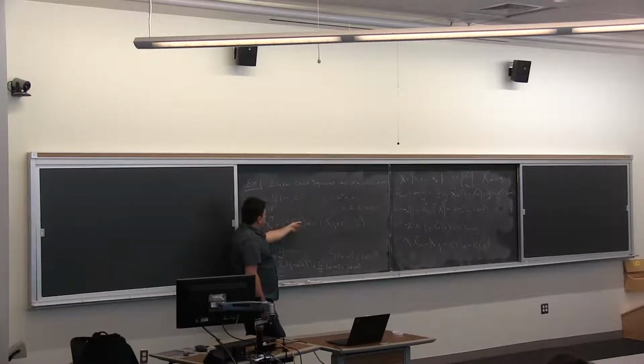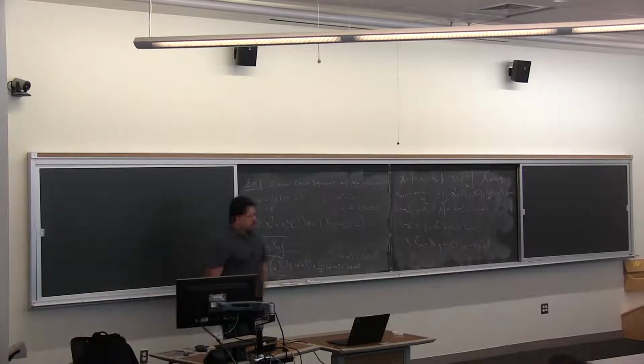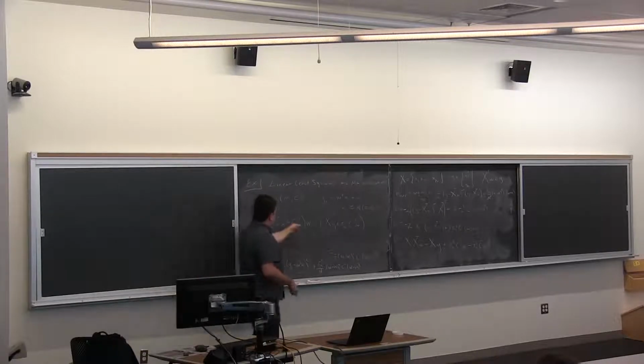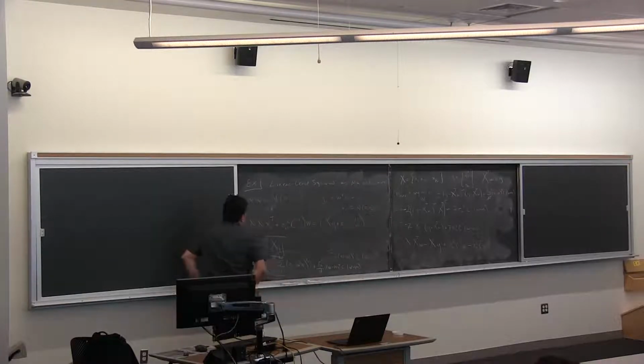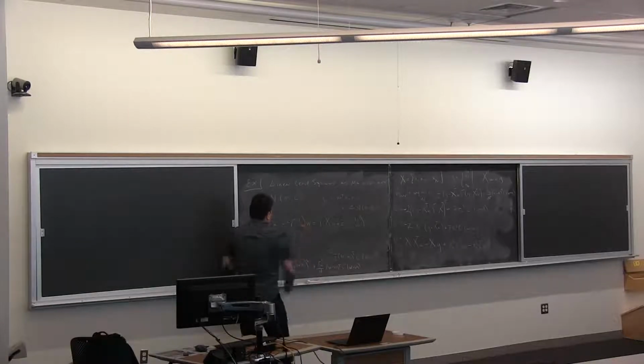So C inverse is a measure of how precise your m is as a prior estimate for w. The more precise it is, the more impact it will have on this matrix and on that matrix. So you solve that linear system, and you get your MAP estimate.